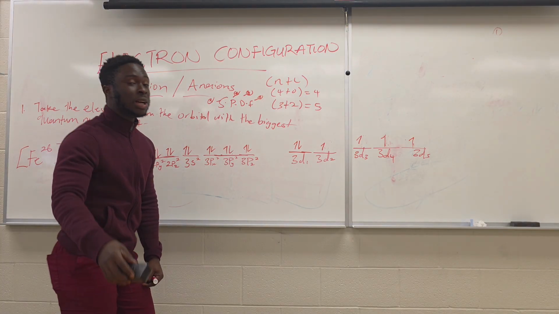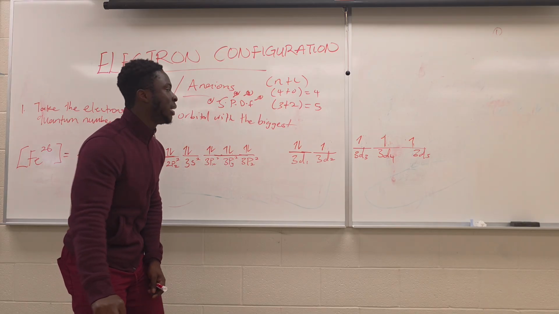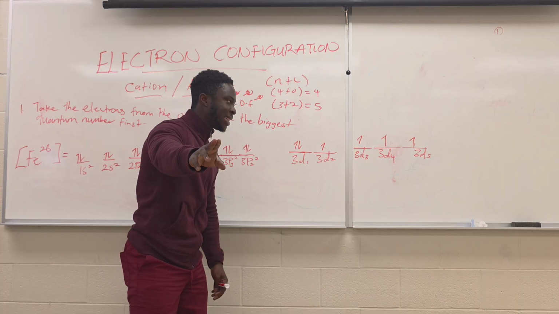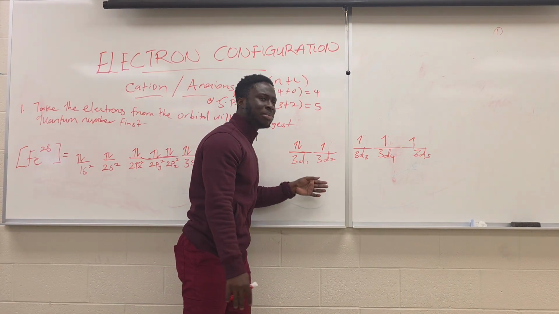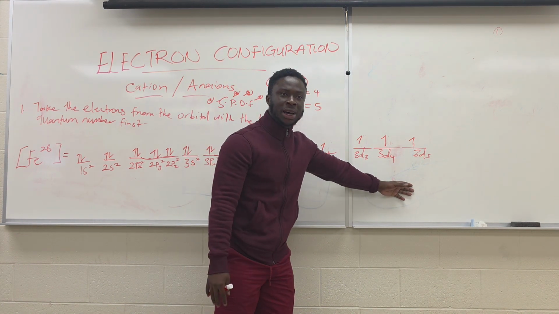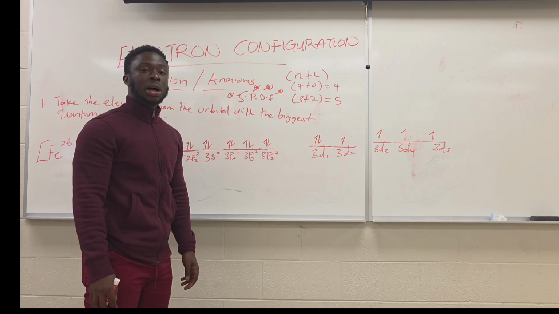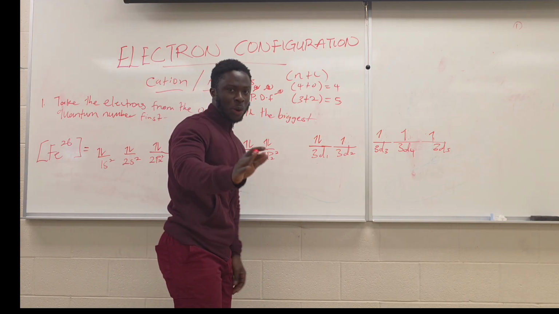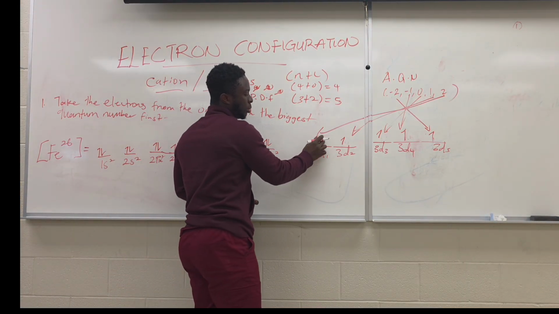The next electron comes from the one still with the highest principal quantum number, and that will be the 3d. Now, you would say, how would you do this too? Sometimes you will land on something like this, where the electrons are in degenerate orbitals. Where do we take the electrons from? In that case, you take it from the one that has the highest azimuthal quantum number, as I said. So we take from this one.